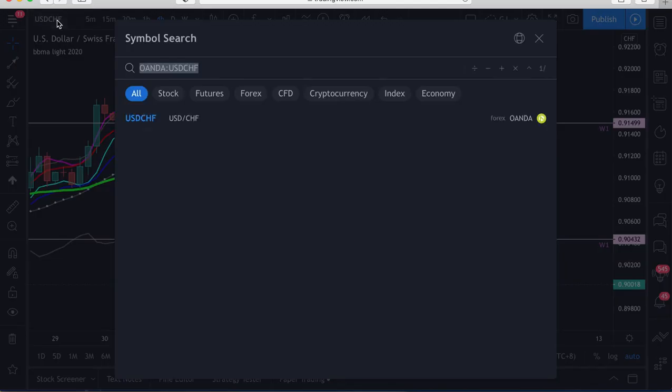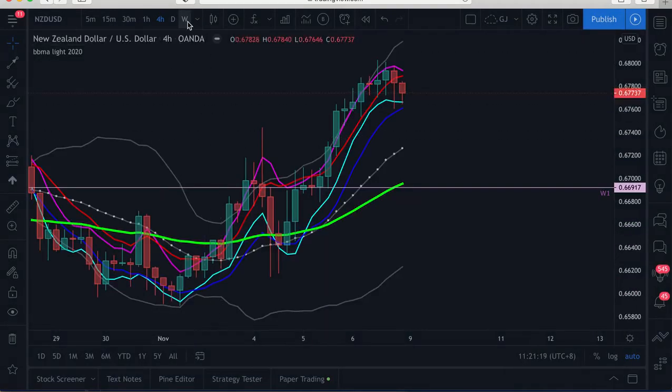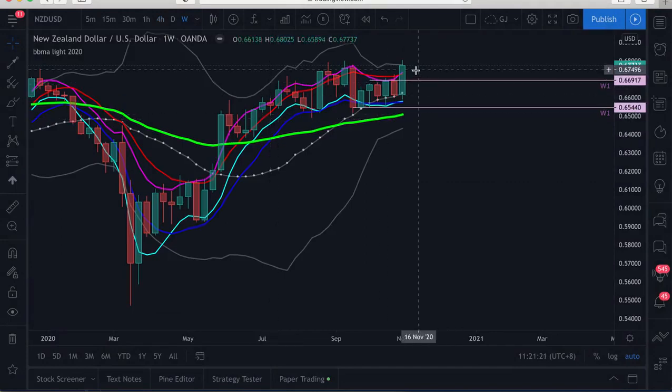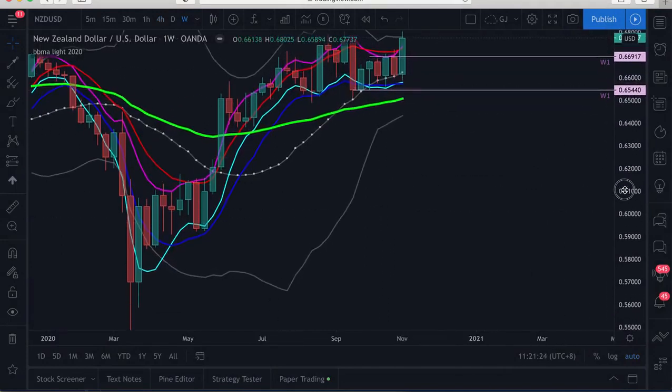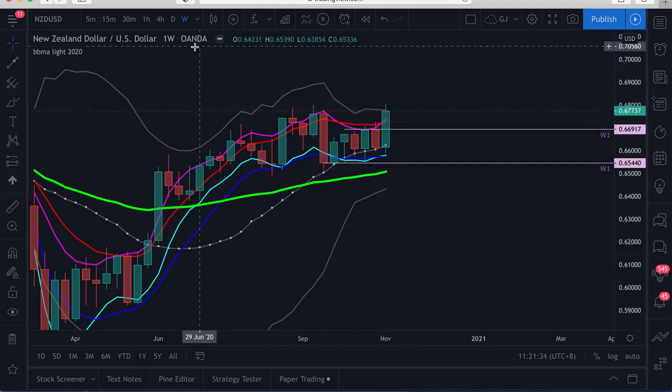Now last pair, NZD USD. NZD USD price went up, did not close above the top BB, but slightly lower than it. So this is still a re-entry sell setup for us.